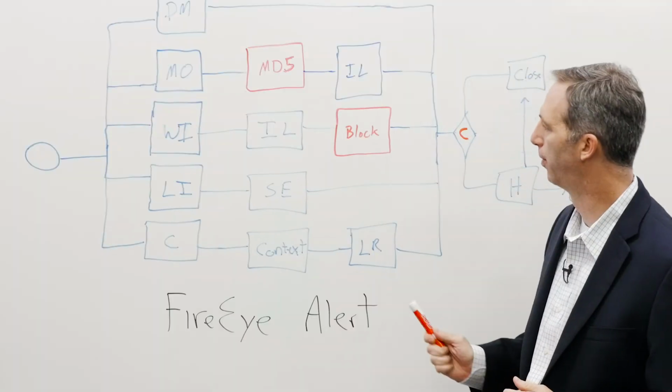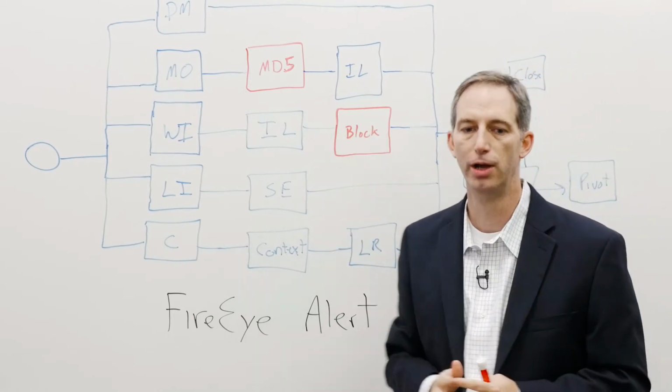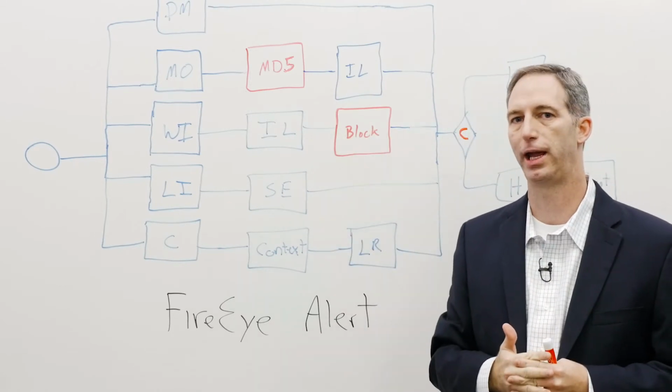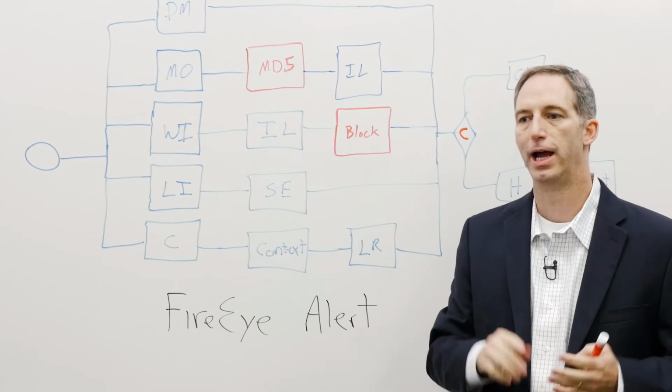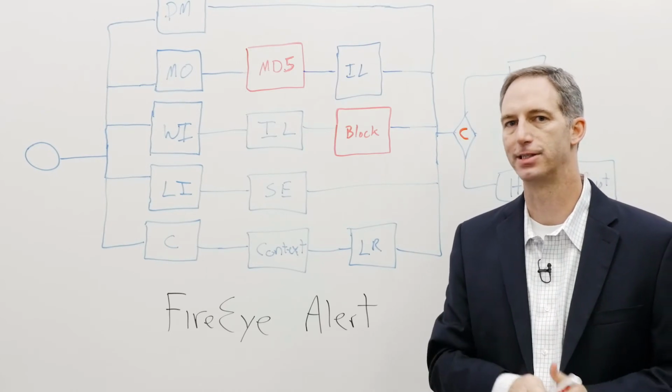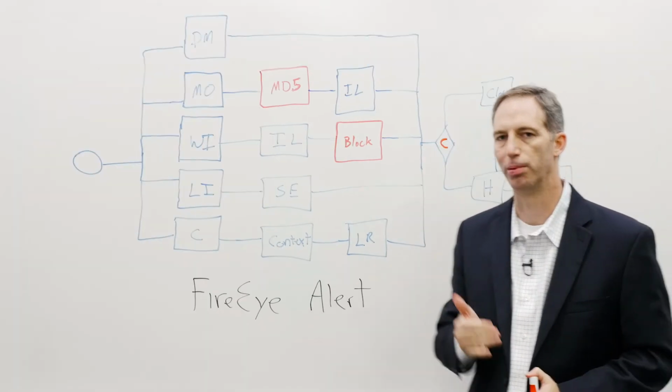The second example is really focusing on these red blocks, so I want you to take a look at those. Most people will take a FireEye alert and they'll look at the MD5 or the URL, and they like automated actions such as updating a firewall or updating a proxy. They do this for blocking reasons.